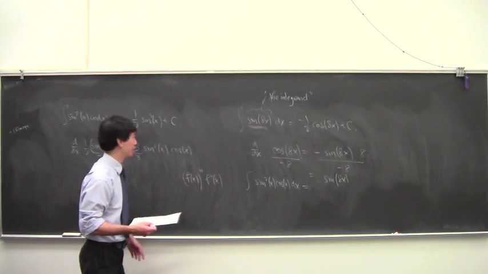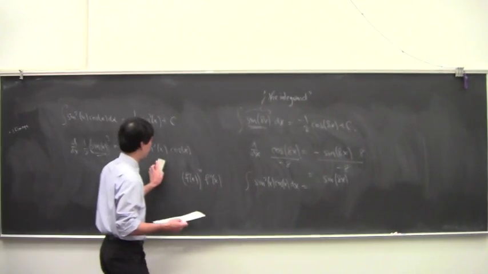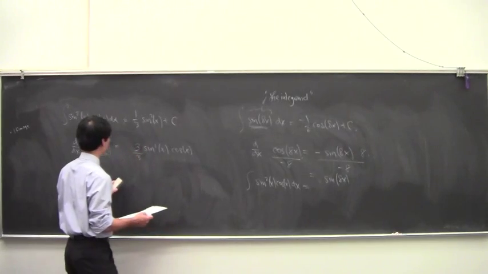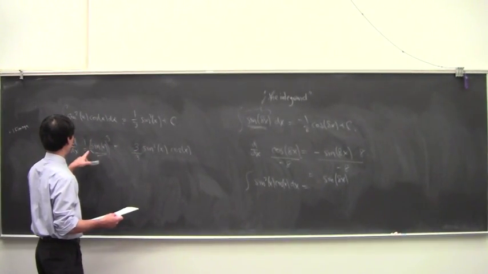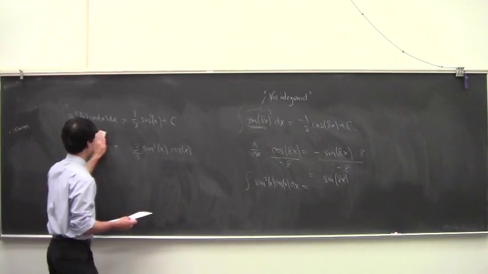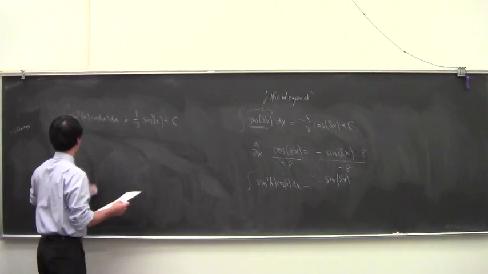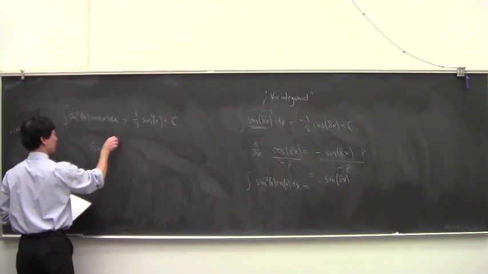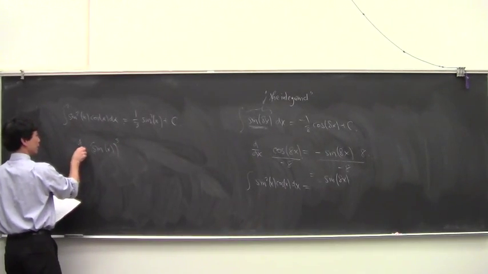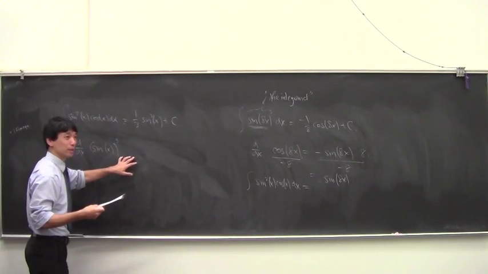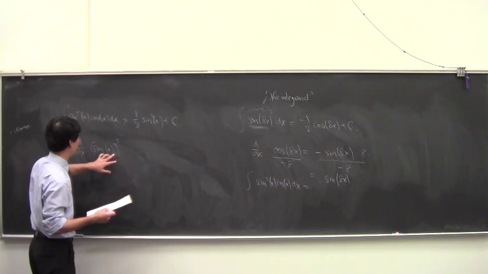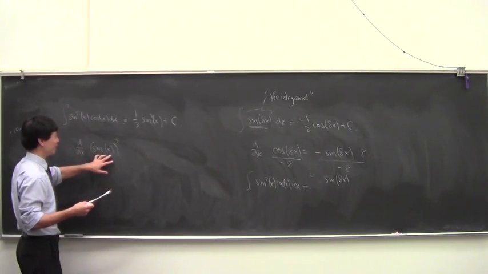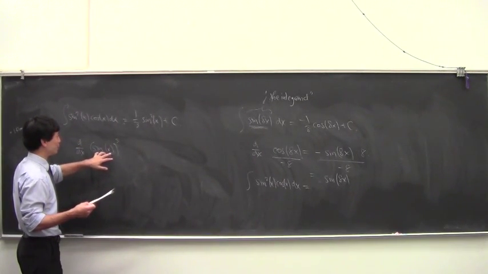I'm confused about how the squared on one side turned into a cubed on the other. So, sine x cubed. If you differentiate it, what's the derivative?